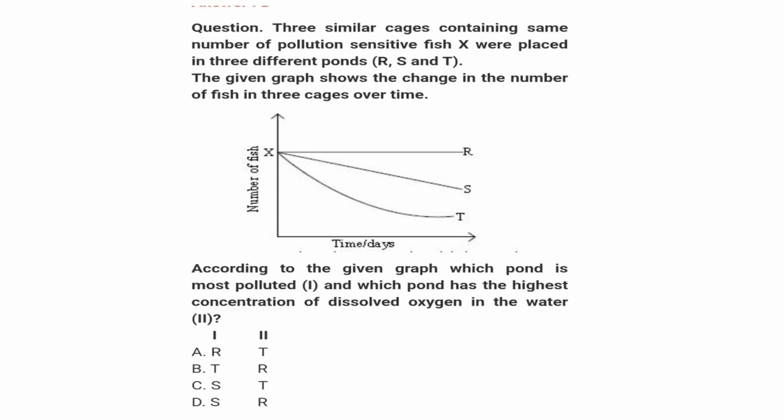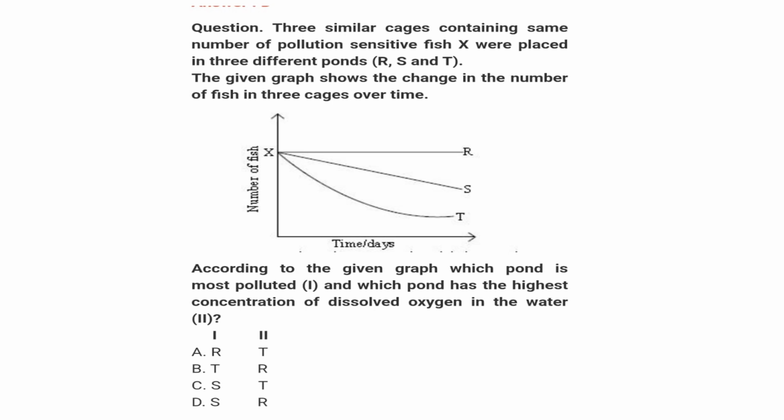Question number 50. Three similar cages containing same number of pollution sensitive fish X were placed in three different ponds R, S and T. The given graph shows the change in the number of fish in three cages over time. According to the given graph, which pond is most polluted? 1.